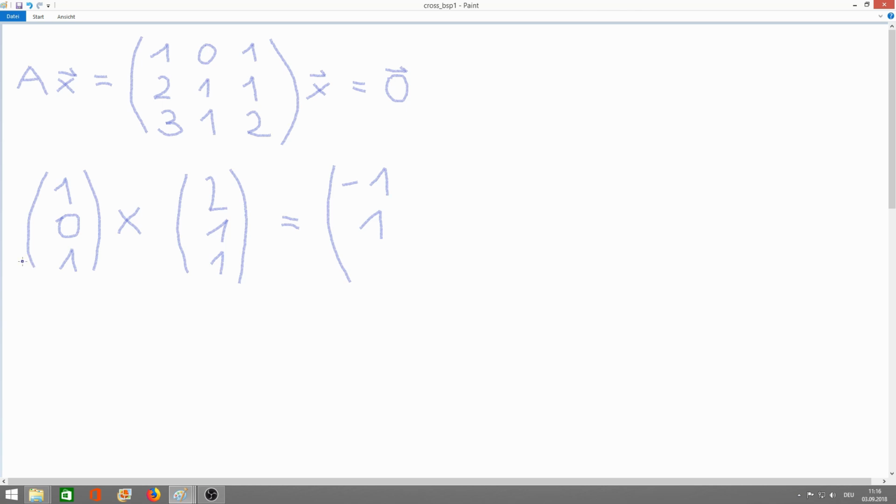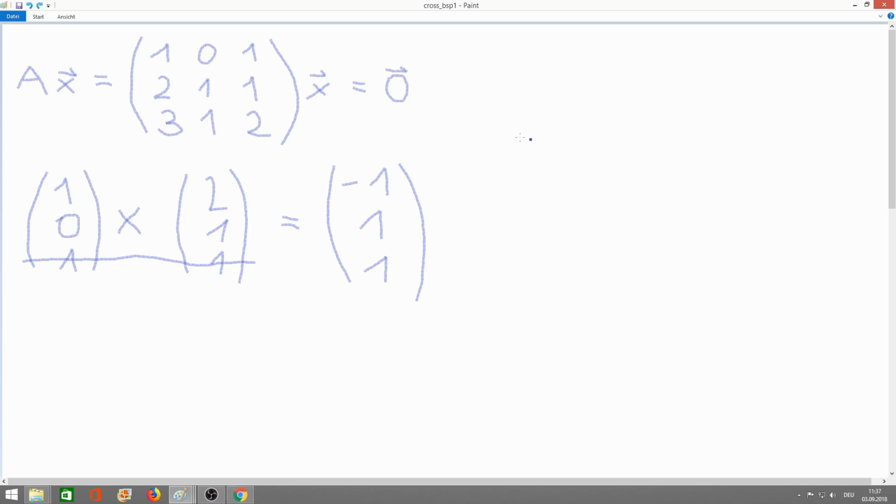And for the last entry, you have to ignore this here and calculate 1 times 1 minus 0 times 2, which is 1. So the last entry is 1. So the cross product of these two vectors is minus 1, 1, and 1.